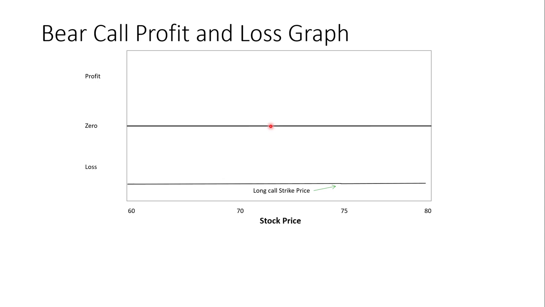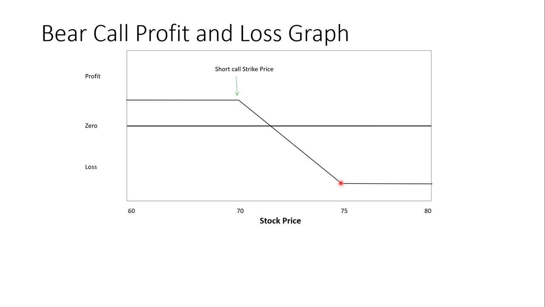Now let's take a look at the long call strike price. The long call strike price is down here at 75. I sell the 70 call. I buy the 75 call. The 75 limits my potential risk. The long call strike, the short call strike.